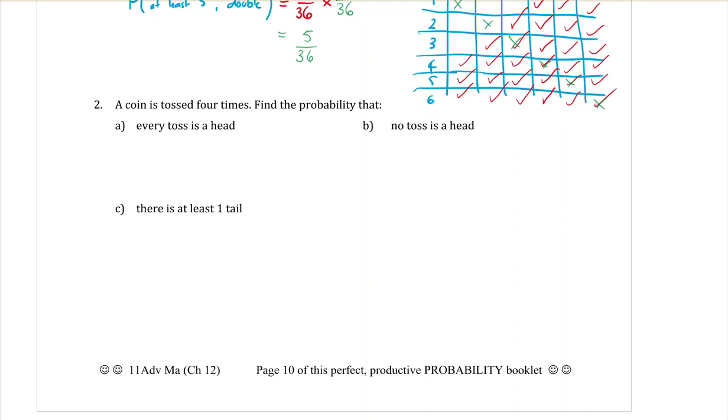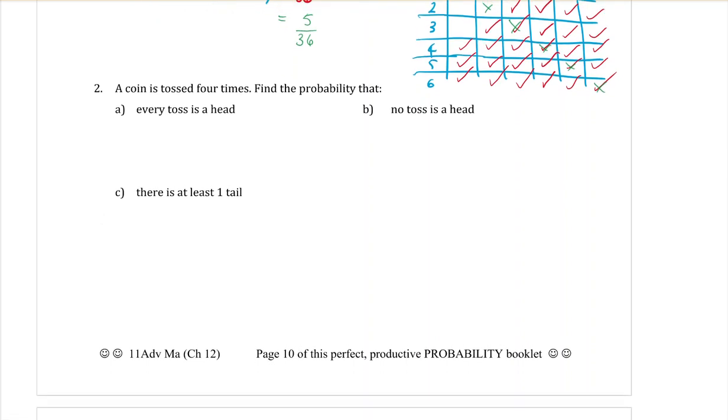So, the first thing we want to find is if we toss 4 coins, we want to toss a head every time. So that means I want the probability of head, head, head, head. 4 heads. Now every time you flip a coin, the probability of getting a head is a half. So that just translates to half times a half times a half times a half, which makes 1 out of 16.